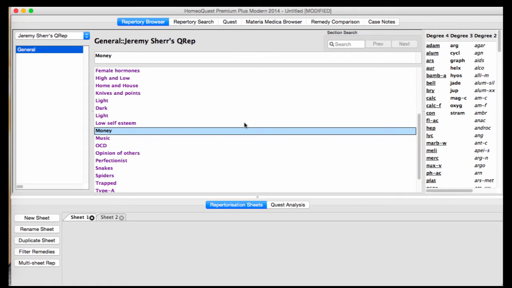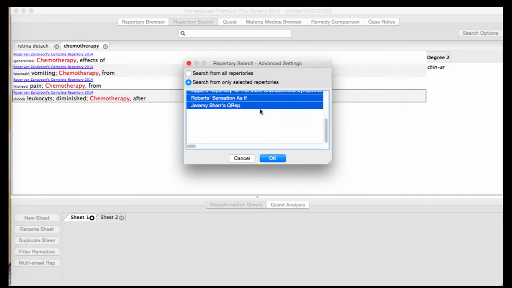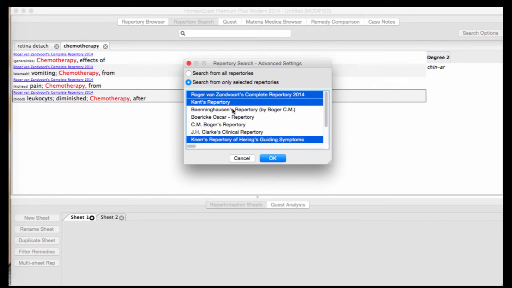Another way I use it: now these are the mental cases. What about those with predominant physicals and pathological generals? Here again are my go-to cases. If I'm in my repertory search, I will select the Bonninghausen book.